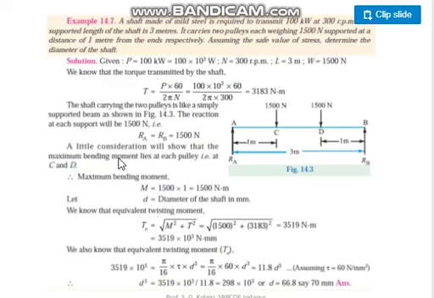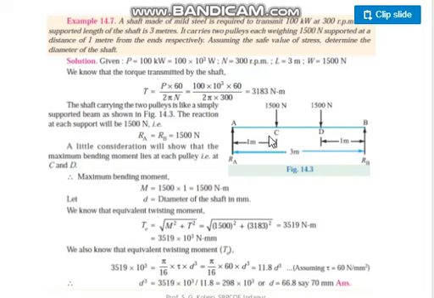Then a little consideration will show that the maximum bending moment lies at each pulley. That I told you: the maximum bending moment will be either at C or D, because for a simply supported beam, at the support the bending moment is 0. For a cantilever it is different: at the support only the maximum bending moment occurs, and at the free end it will be 0. For the simply supported beam, at the supports it is 0, and where the pulley is, the maximum bending moment will be there.